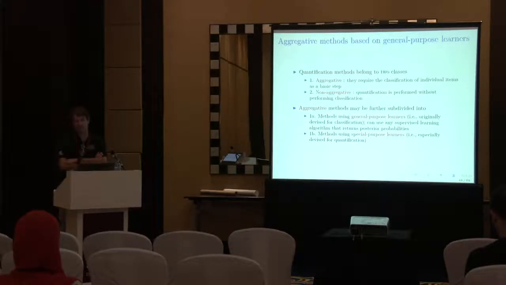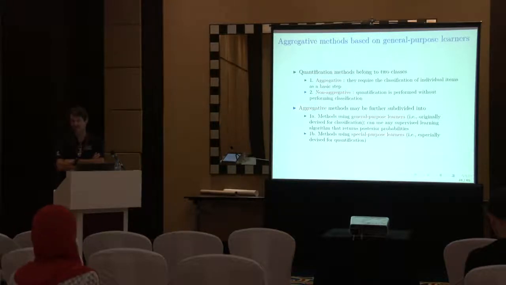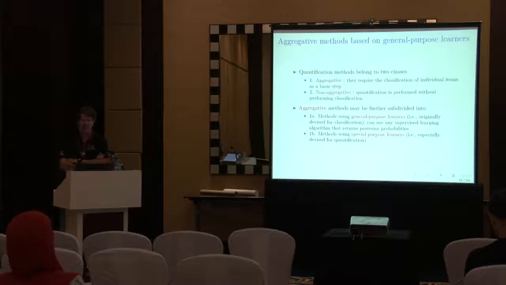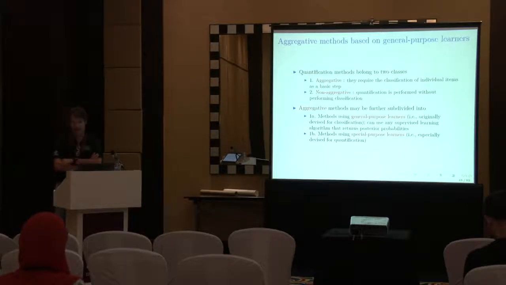So conceptually, they don't even classify the individual items. They would come up with a class estimate, but they wouldn't be able to provide examples. They might come up with a prediction that says 28% of the elements are in the class, but they wouldn't be able to actually indicate some examples of these 28%.